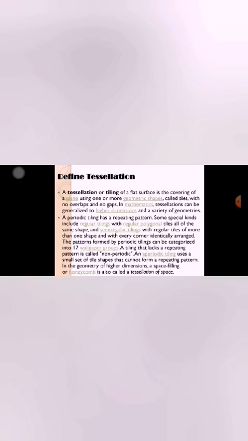A tiling that lacks a repeating pattern is called non-periodic. An aperiodic tiling uses a small set of tile shapes that cannot form a repeating pattern. In the geometry of higher dimensions, a space filling or honeycomb is also called a tessellation of space.